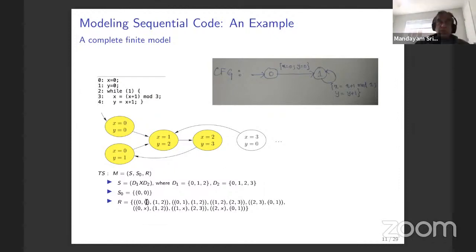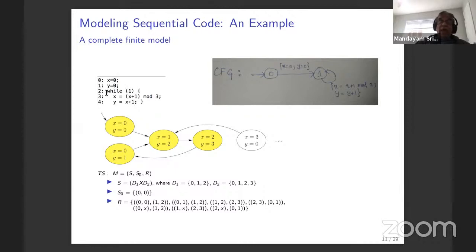Because you allow this, that is where the model checking problem gets interesting. Your analysis problem gets interesting, because when you want to prove certain properties, for this program the property is that x is always less than 3. That is a property that this one satisfies.